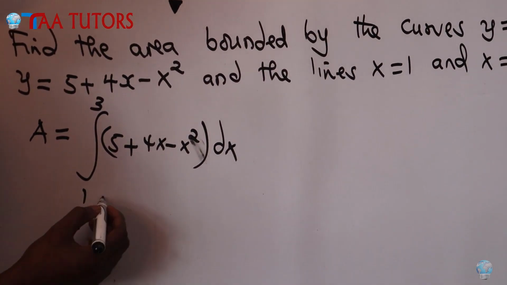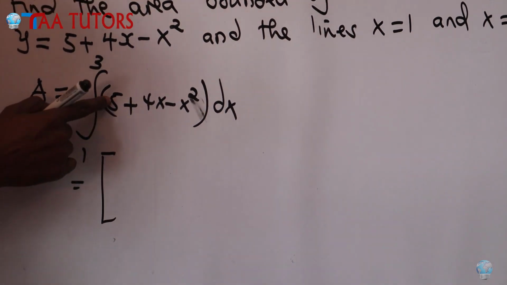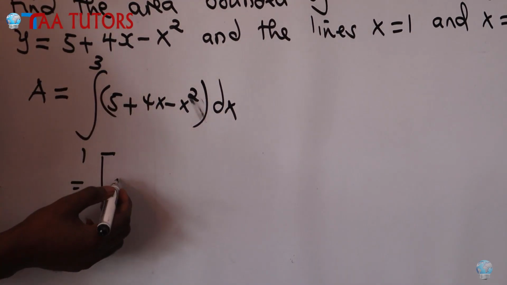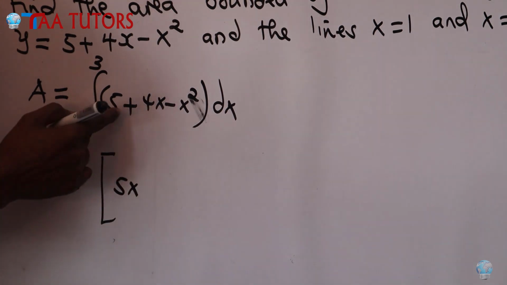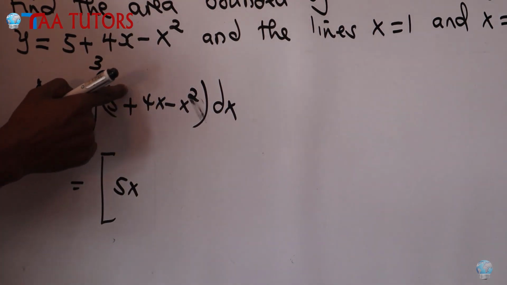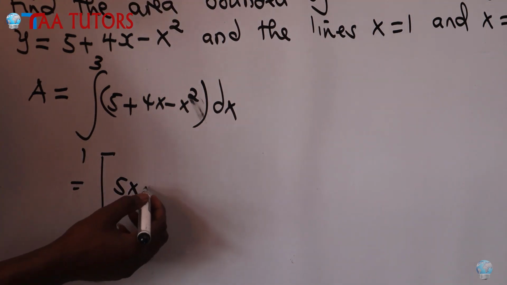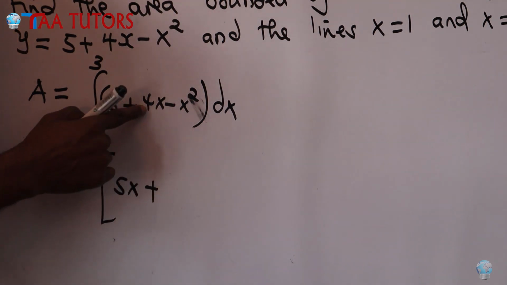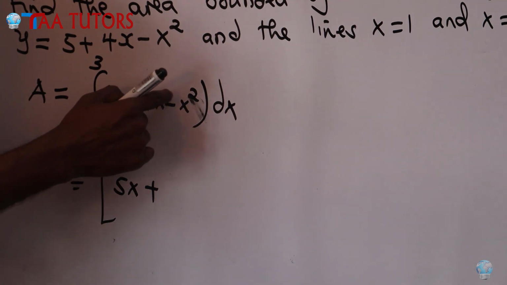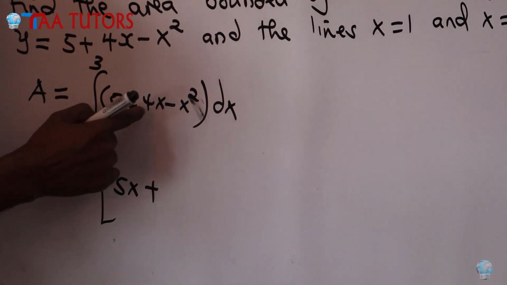So if I integrate this one very quickly, the integral of 5 should be 5x, because it is the same as 5 times x to the power 0. Then we add 1, we divide by the new power, which is 1. So 5x plus 4x: we know x is the same as x to the power 1. So we add 1, that's 2, divide by 2.